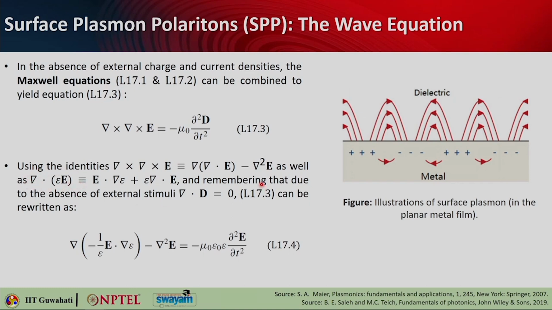So what you require here, you see from this, curl curl of E can be written as gradient of divergence of E minus del square E. So del square E remains like this. Divergence of E can be obtained from this formula. From this equation, this part is 0, so you can write this as minus 1 by epsilon, as epsilon goes to the denominator, and then you are left with this.